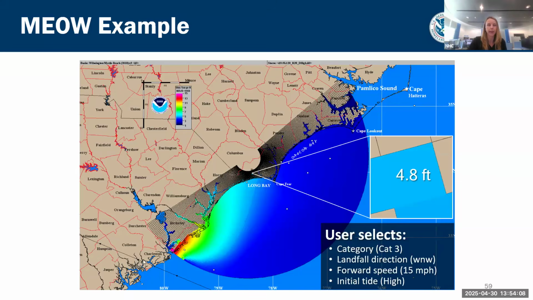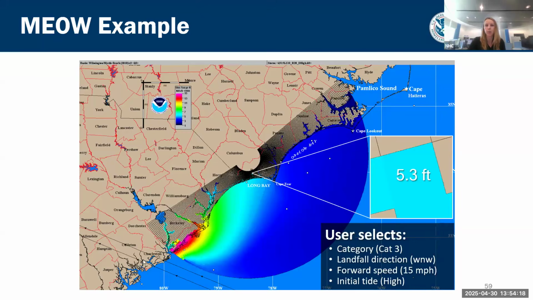We're going to build out the MEOW now. So if I were to just take that track and move it slightly up the coast, you'll see that the flooding footprint changes, and my risk at that single point in North Carolina has gone up to 5.3 feet. And so you'll notice that as you add tracks here, the flooding footprint is going to change from each individual track.